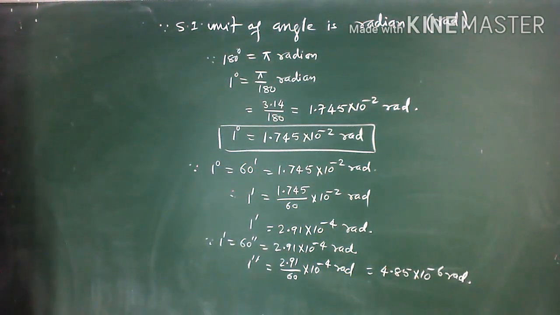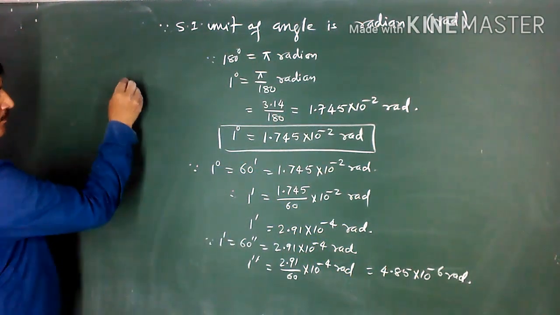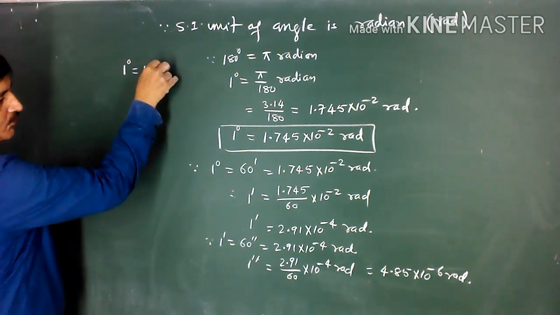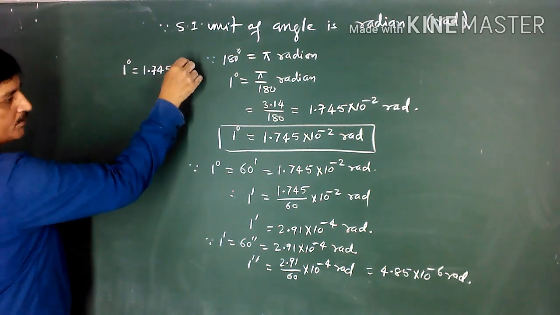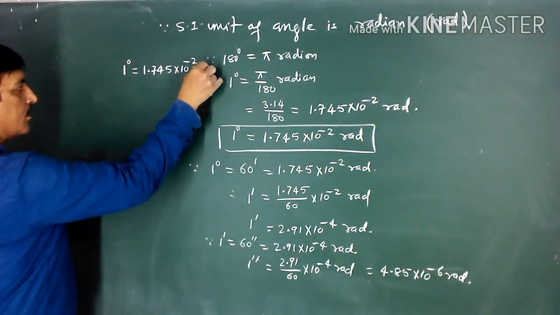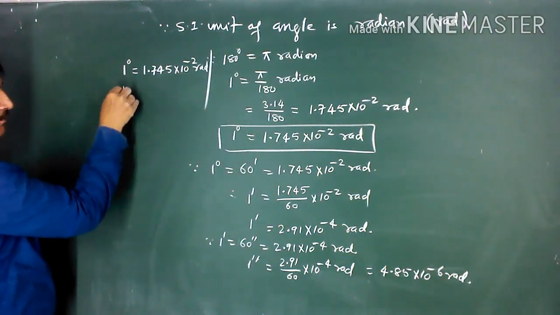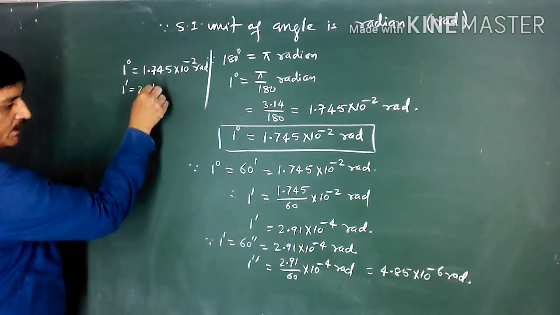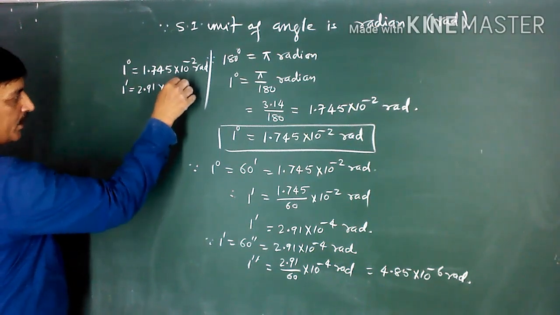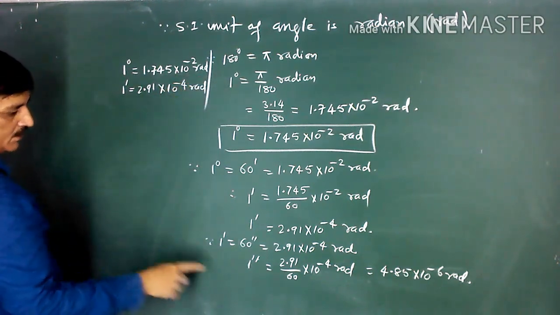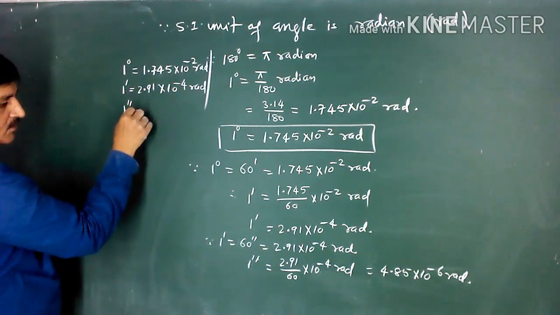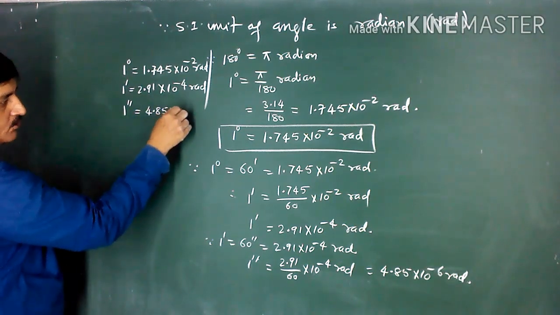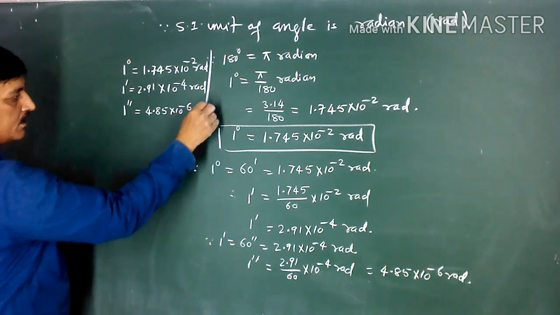So it is clear that 1 degree is 1.745 into 10 to the power minus 2 radian, 1 minute is equal to 2.91 into 10 to the power minus 4 radian, and 1 second is equal to 4.85 into 10 to the power minus 6 radian.